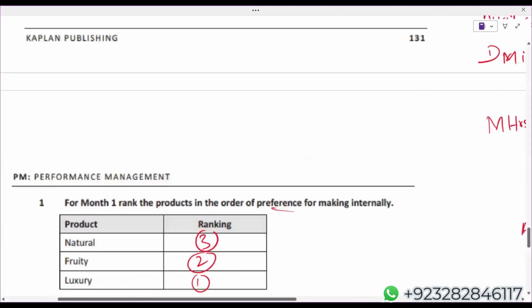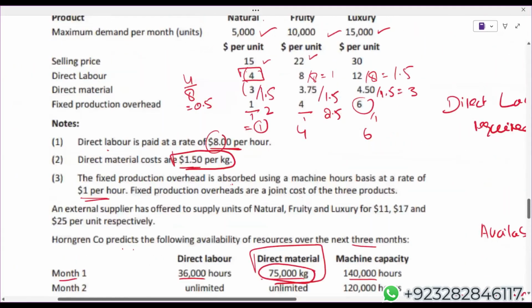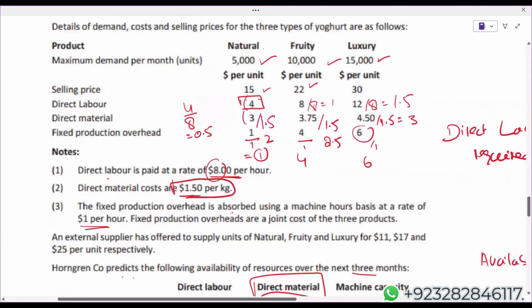Let us see what are the external prices. Look at after the point number 3, an external supplier has offered to supply units of natural, fruity, and luxury at 11, 17, and 25 per unit respectively.